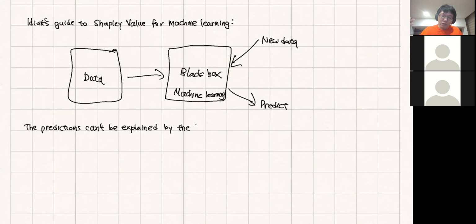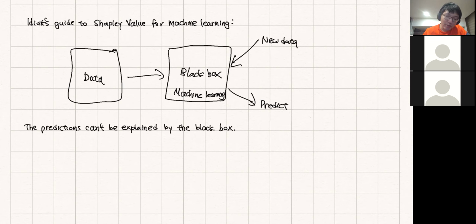Right? So you feed in new data for a new house, and it predicts that house should be worth this much money, but they cannot tell you why they say it is this. Okay, right? So they cannot explain why that is.